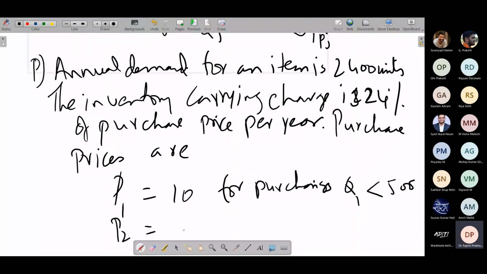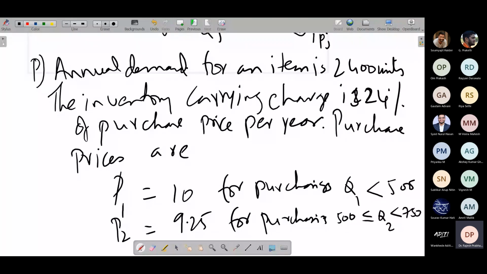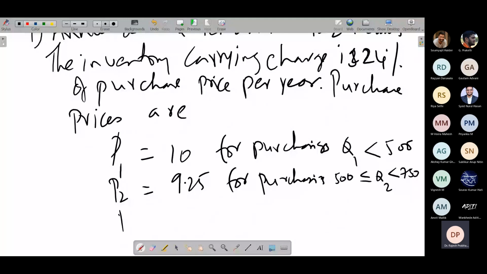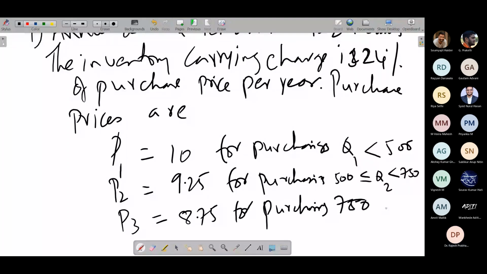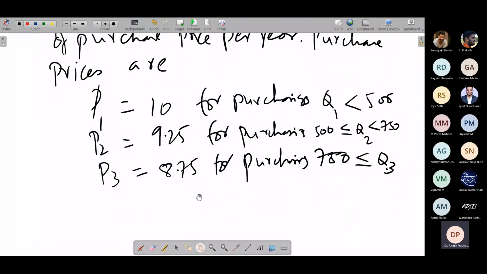Purchase price P2 is equal to 9.25 for purchasing 500 less than or equal to Q2 less than 750. Purchase price P3 is equal to 8.75 for purchasing 750 less than or equal to Q3. So these are the purchasing prices for different quantities.